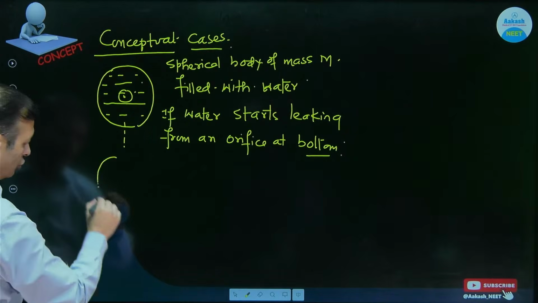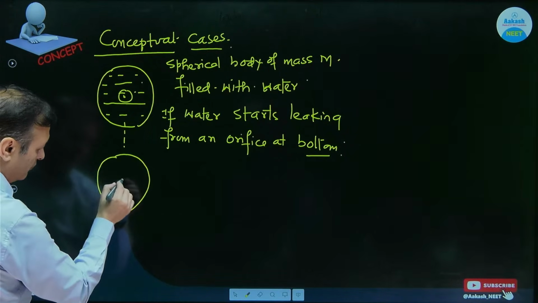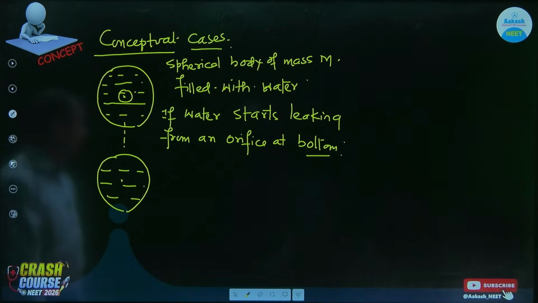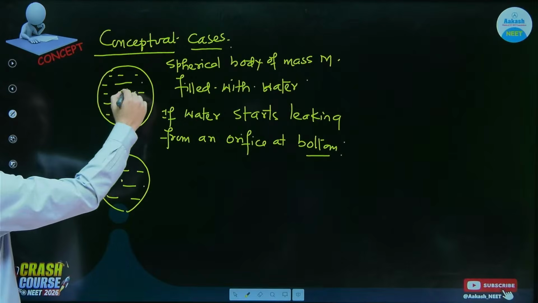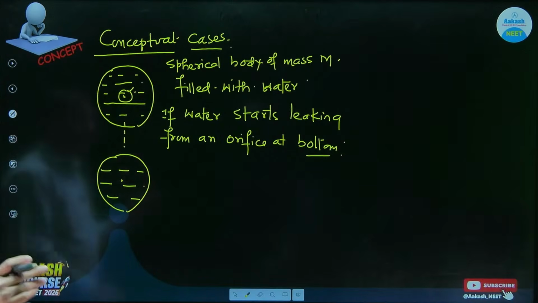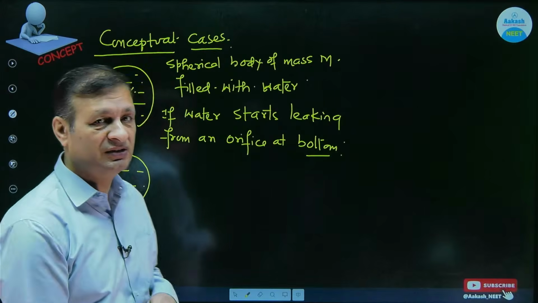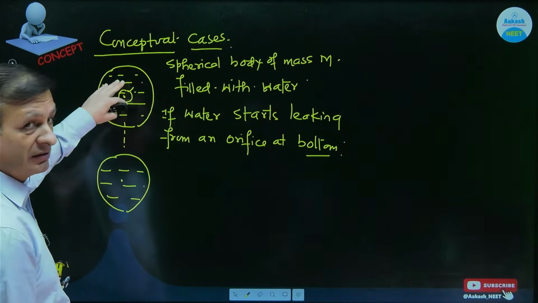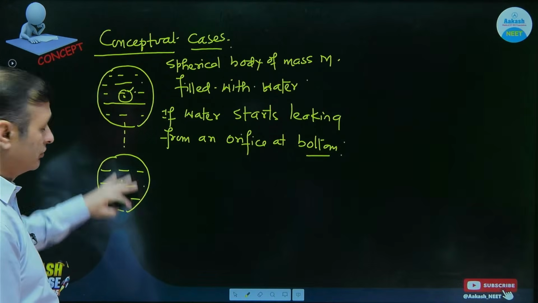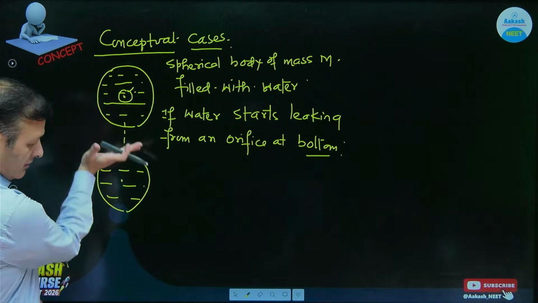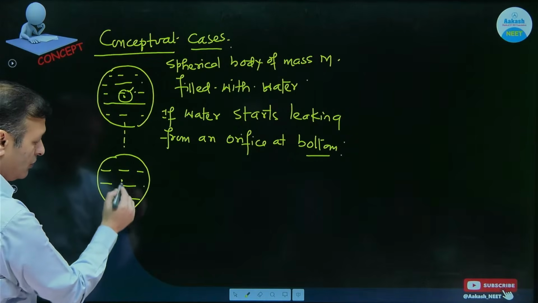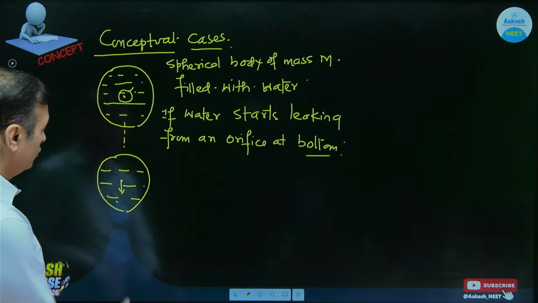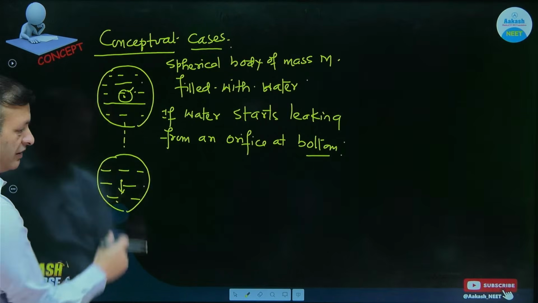What you observe is that the water level keeps decreasing. Initially, when it was completely filled, the center of mass was at the center of this spherical bowl. But once the water starts leaking, the level keeps decreasing, and the center of mass will keep shifting, lowering towards the heavier distribution.